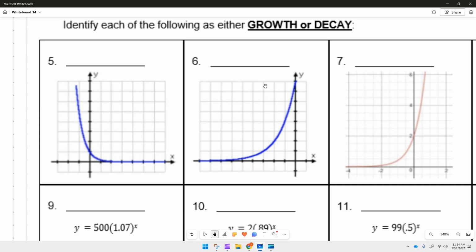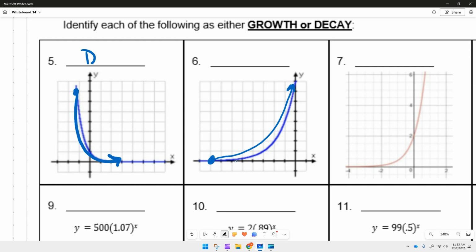Okay, so now understanding that concept, looking at this first graph, what do you think that is? Do you think that's growth, or do you think that's decay? You think this is growth? Think about where your car is starting here. Your car is starting here. So this is going to be decay. Does that make sense? This is going to be your car is starting here because you're thinking about where you're starting with the x values. Your x values are always left to right.